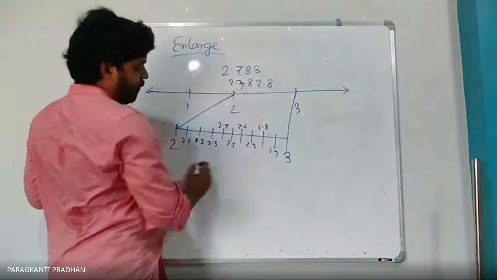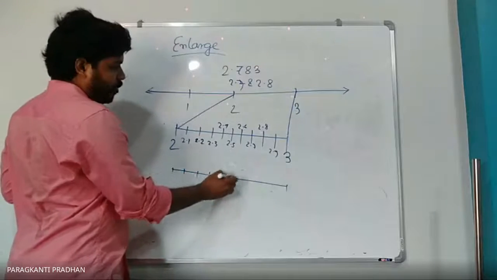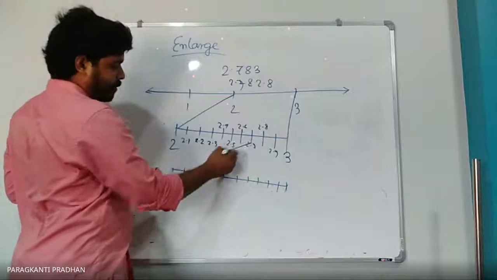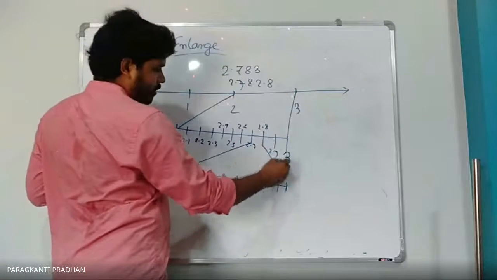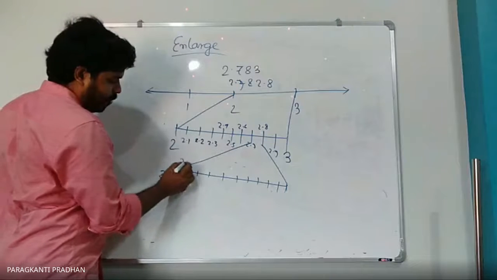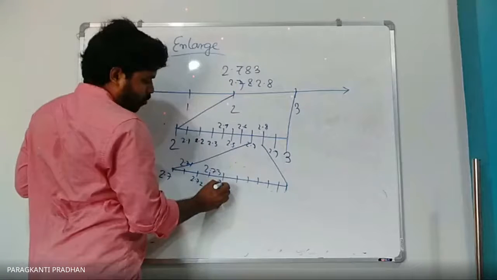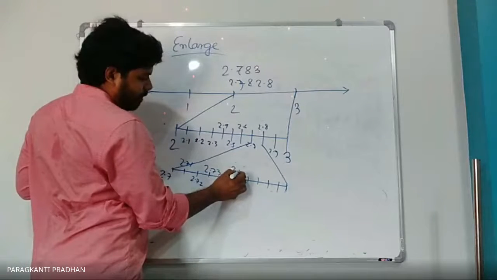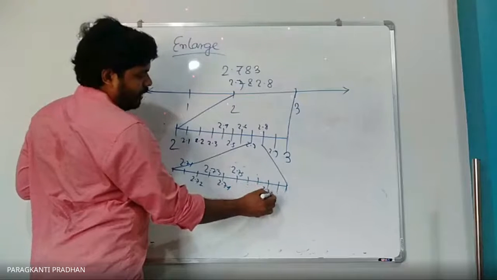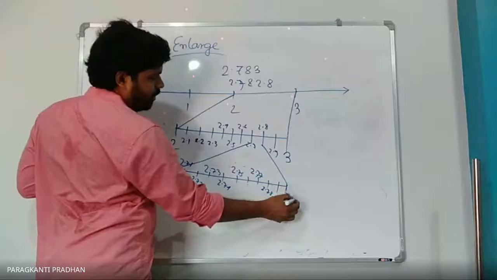So again divide into 10 parts, 1 2 3 4 5 6 7 8 9 10. Again this will be 2.7, this is 2.71, 2.72, 2.73, 2.74, 2.75, 76, 77, 2.78, and this will be 2.8.